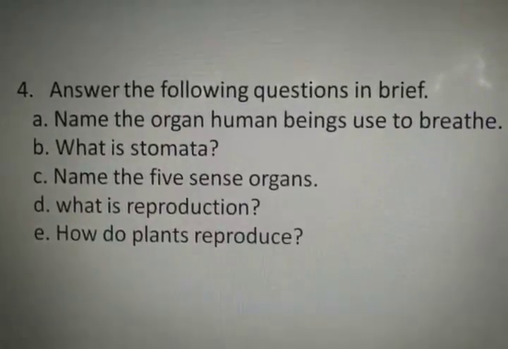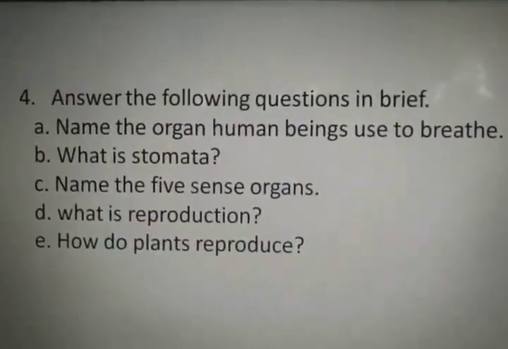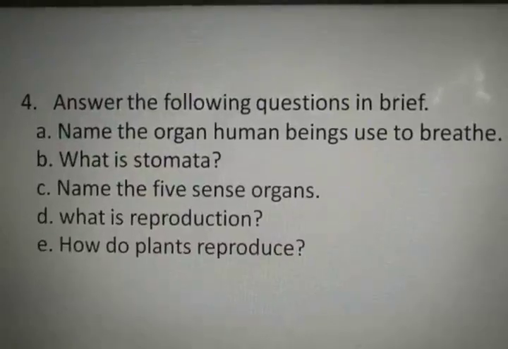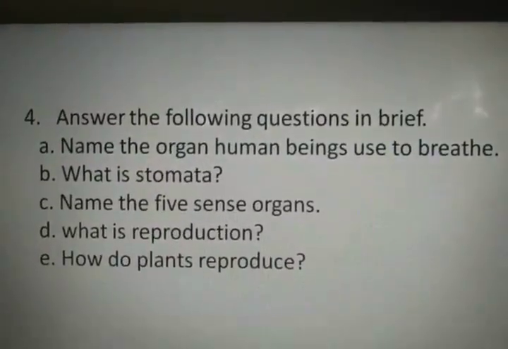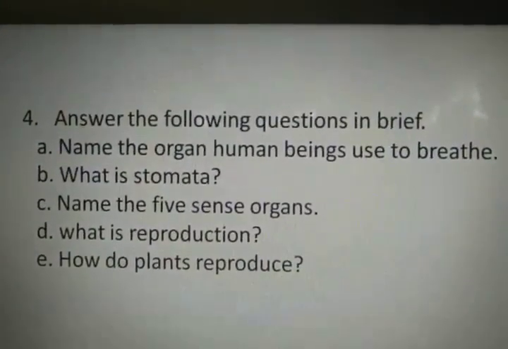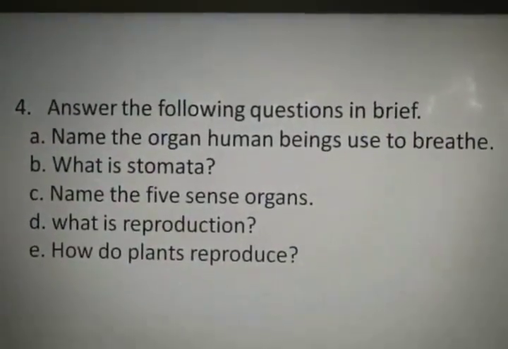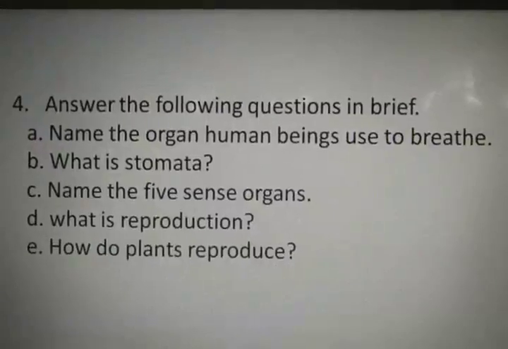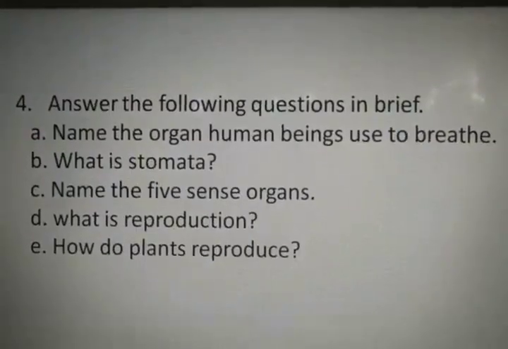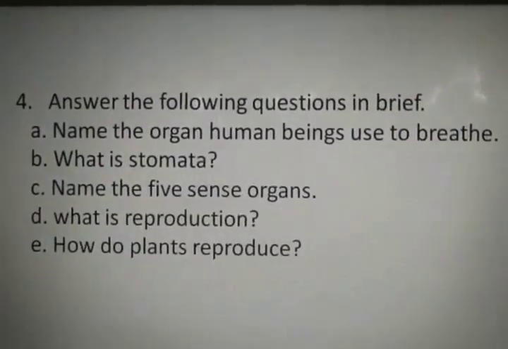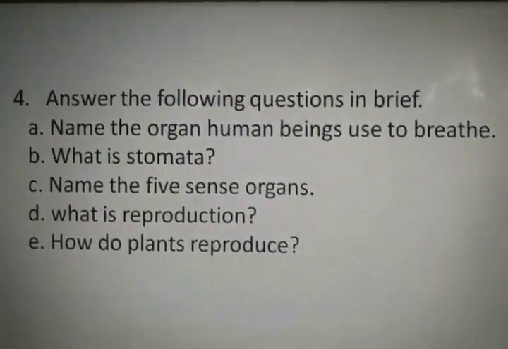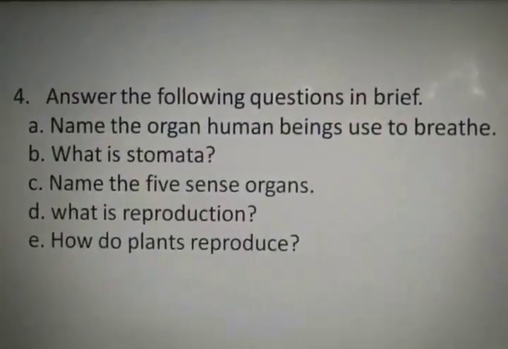Question B here is, what is stomata? Actually, a grammatical mistake is there in this particular question. We will correct this grammatical error. Stomata is a plural, so it should be "what are stomata". Instead of "is", you can make it "are".